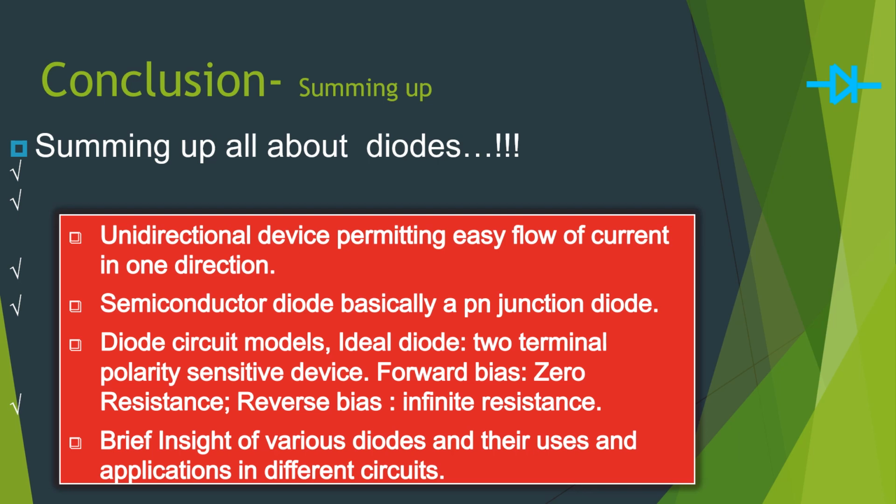Diode circuit models: ideal diode, a two terminal polarity sensitive device, with forward bias zero resistance and reverse bias infinite resistance. A brief insight of various diodes and their uses, and also the applications of diodes in different circuits and models.